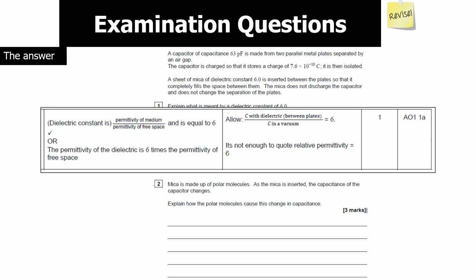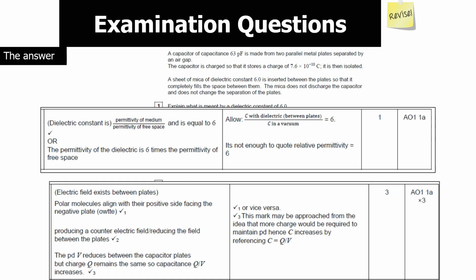The next question asks us to understand how polar molecules can change the capacitance. It's important to note that polar molecules align anti-parallel with the electrical field. So the positive side of the polar molecules aligns with the negative plate and vice versa. Because they're all lined up, that will produce a very coherent electrical field from the polar molecules.